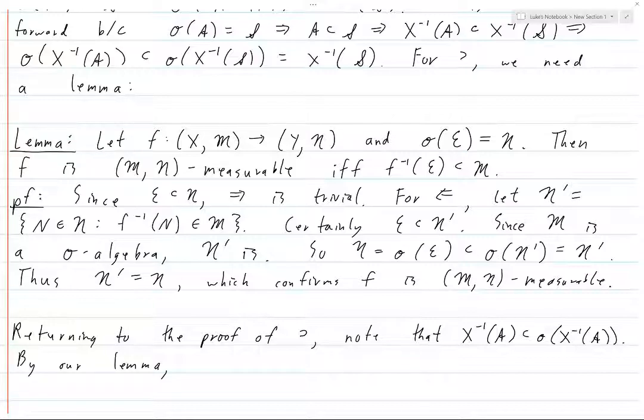So what does the lemma tell us going backwards? Since sigma of A is S, we use S in place of N in this lemma. And so X is measurable from where? It's measurable from M to N. M in this case is this entire thing, sigma of X inverse of A. And what is N in this case?